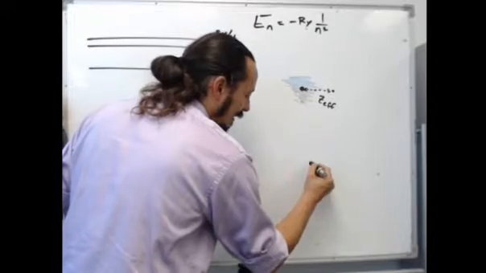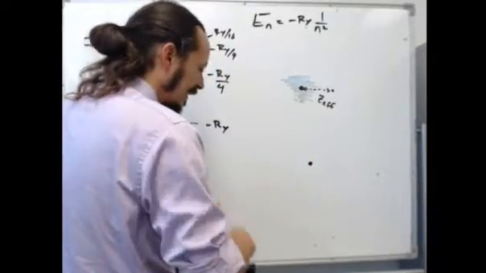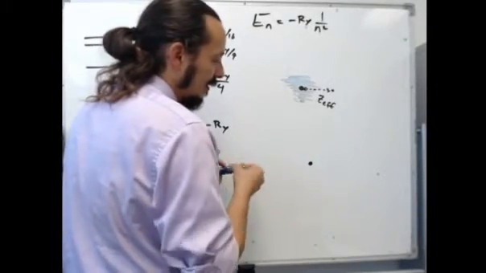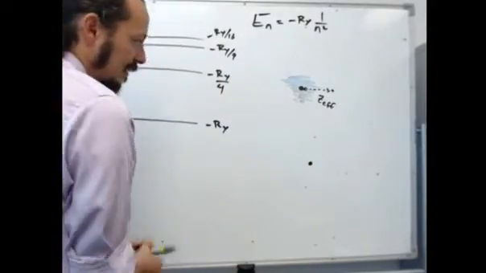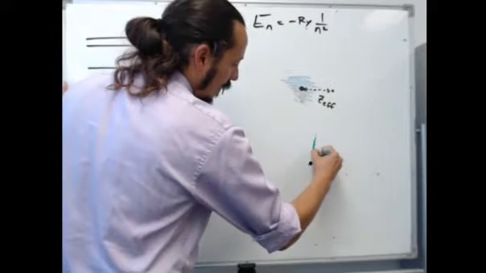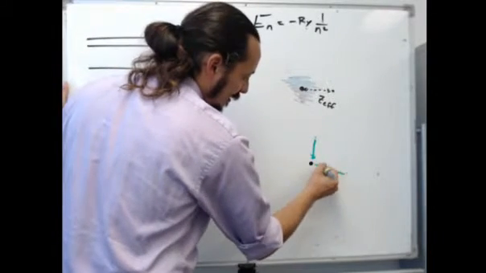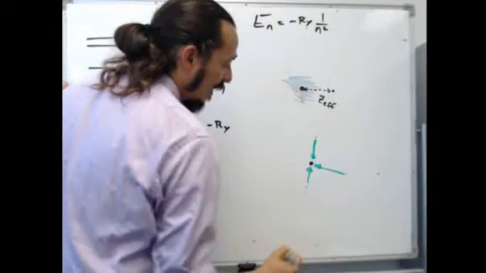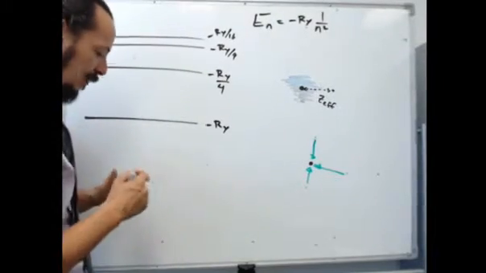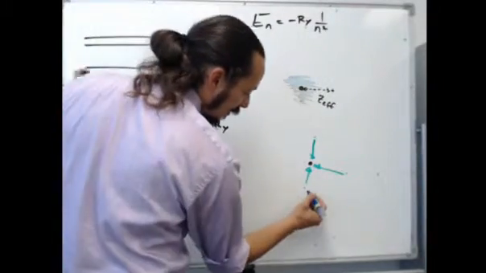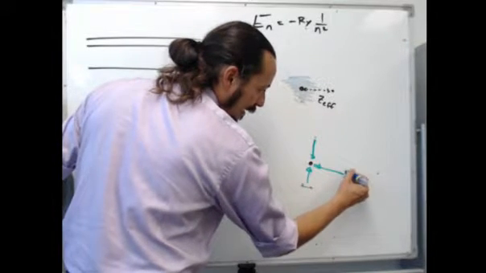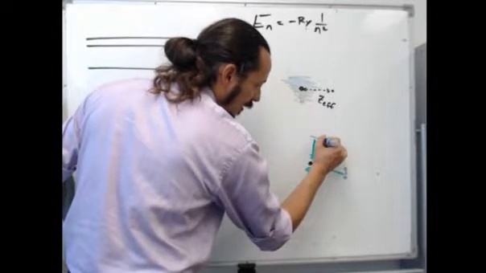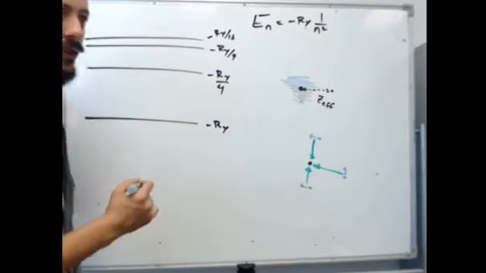Let's look at this real quick. Let's say you've got a nucleus and 3 electrons. Electrons are attracted to the nucleus. Each electron moves in space, so each electron is going to have a kinetic energy term.